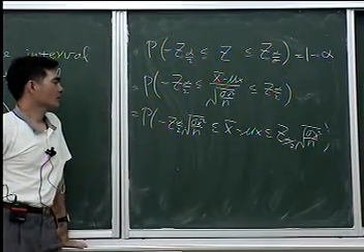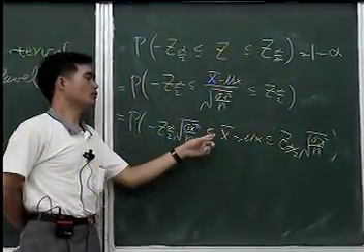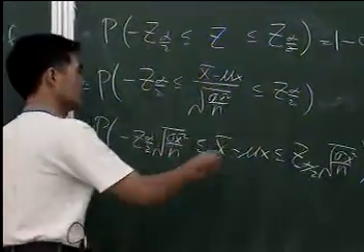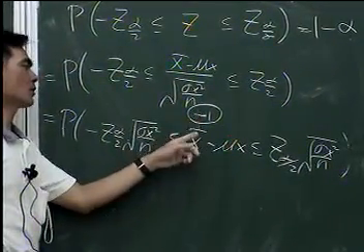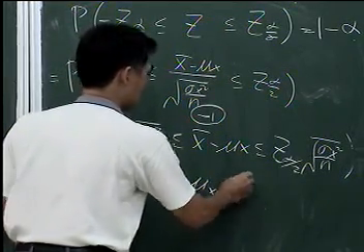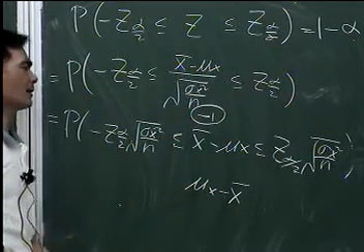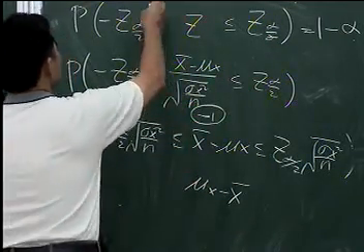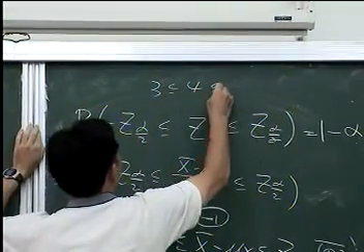Now let us try to rearrange this. If we multiply by negative 1, it should now be mu x minus x bar. But you want to be careful here. Let us say 3 is less than or equal to 4, less than or equal to 5.